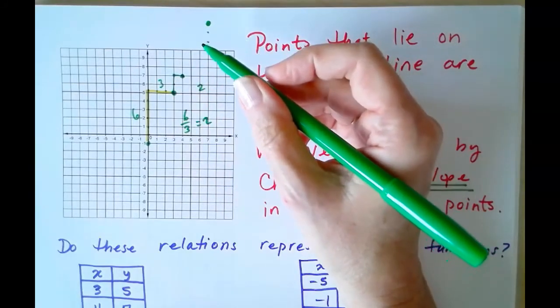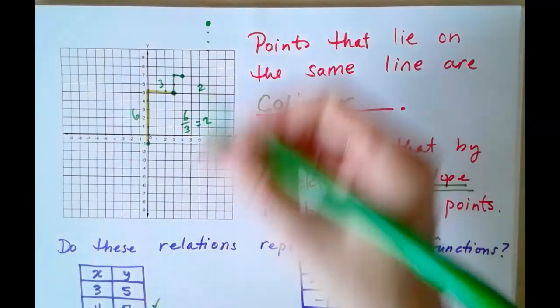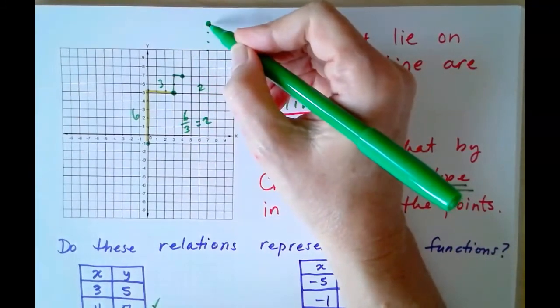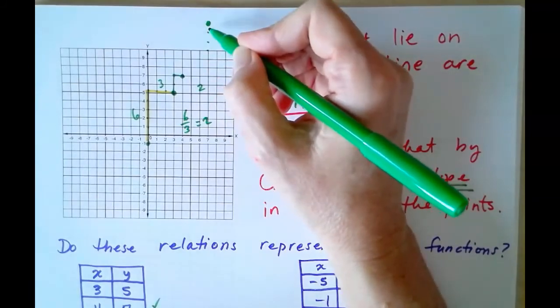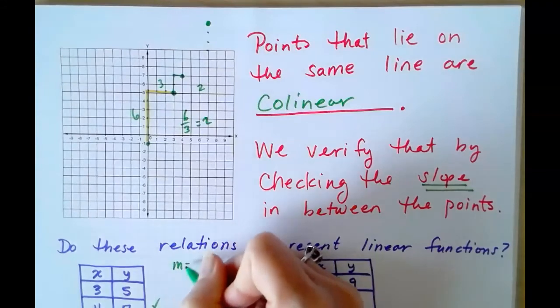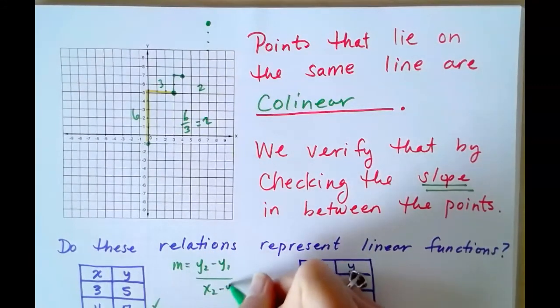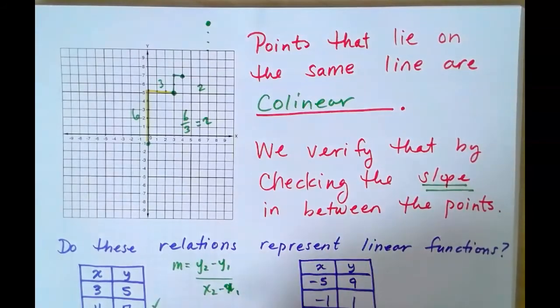Now, if we're going to go from 4, 7 to 7, 13, since it's a little bit off the graph, how about we check it with the slope formula? The slope formula, m equals y2 minus y1 over x2 minus x1. So let's plug these 2 points in.